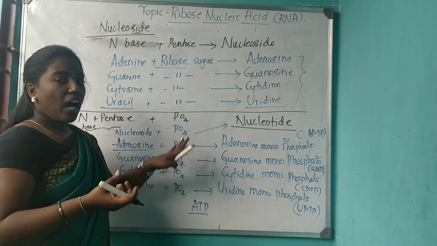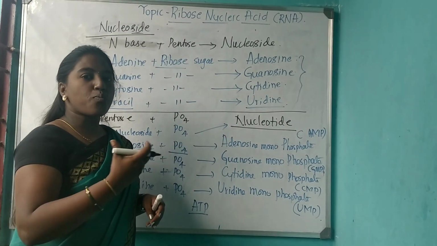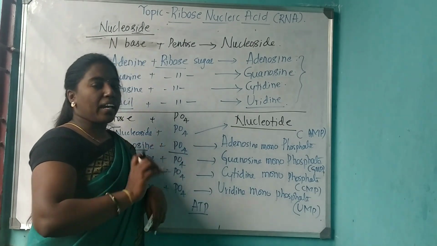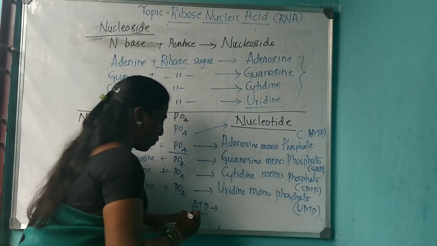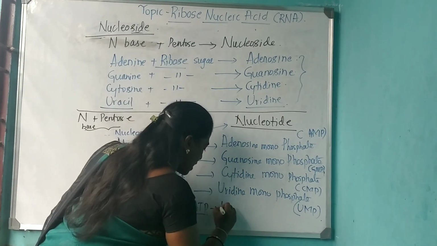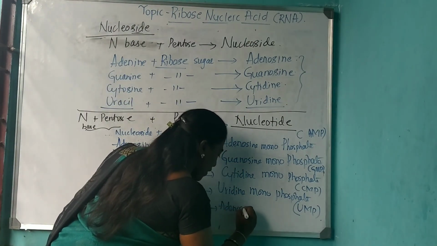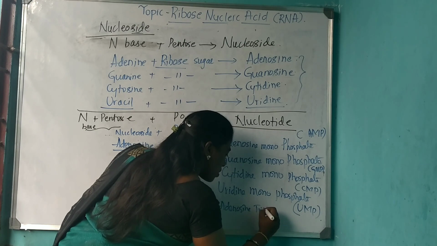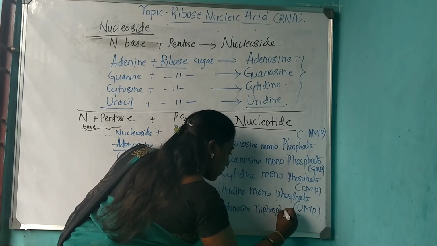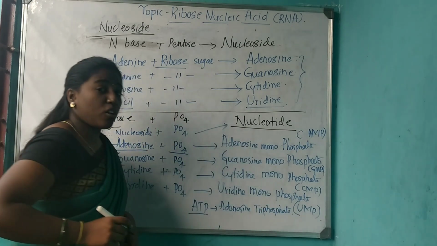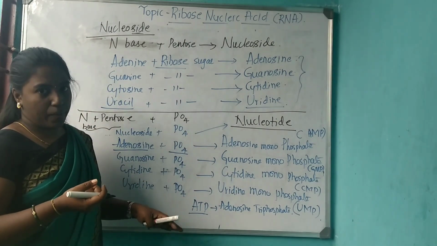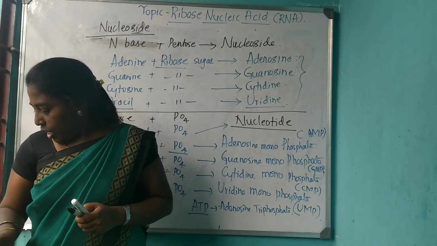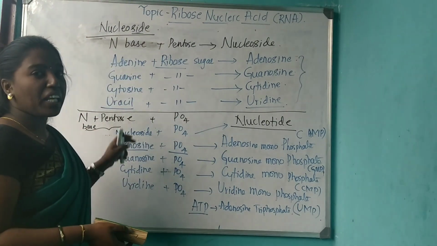Higher nucleotides, which have more phosphate, can act as energy carriers. One of the important ones is ATP, adenosine triphosphate, also called the energy currency of the cell. So this is regarding the nucleotides found in case of the RNA.